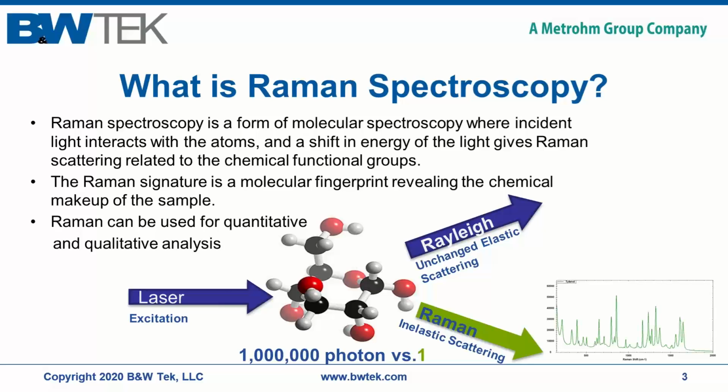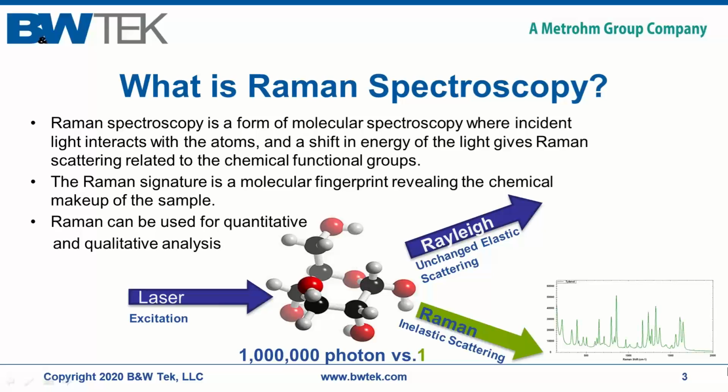This is what we call the Raman scattering, the energy that undergoes a change on exciting those molecules. From that, we get specific peaks related to the different chemical functional groups.